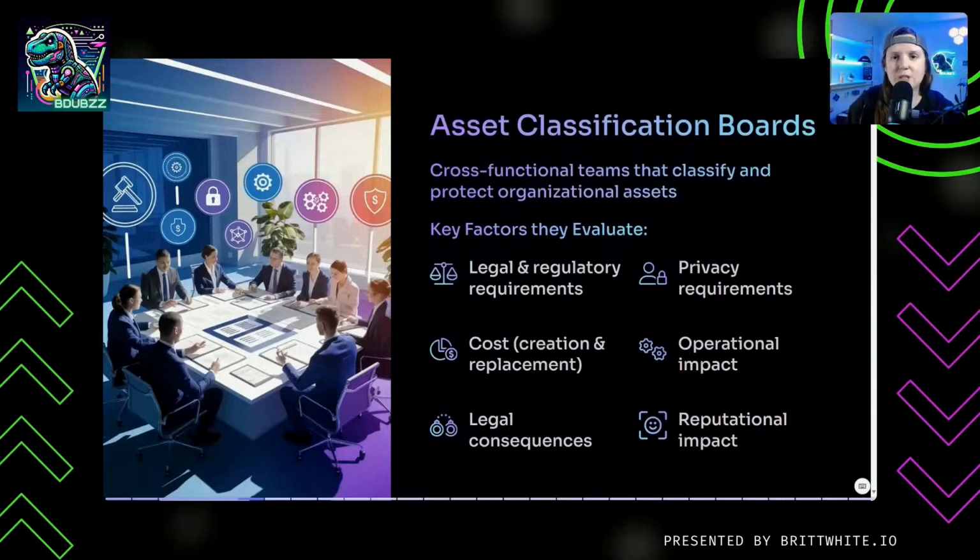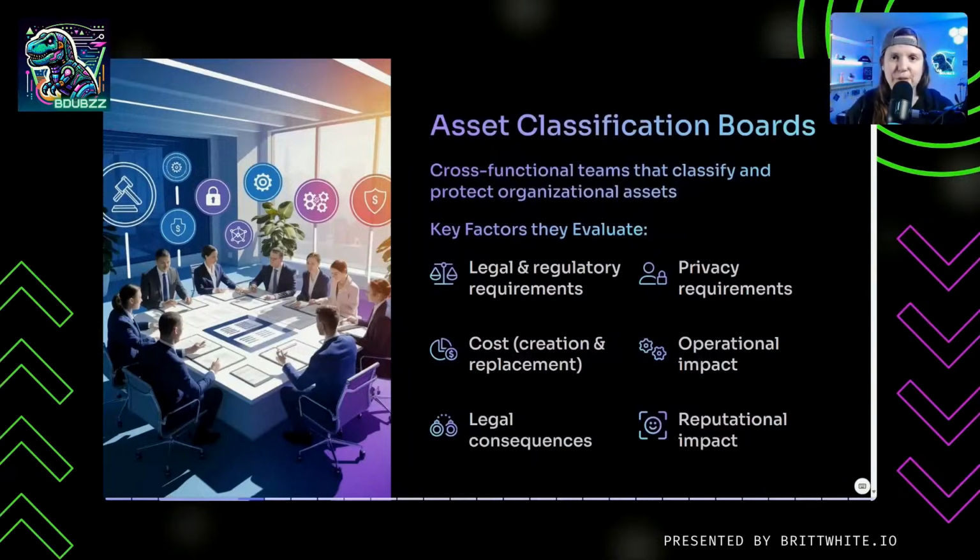When these boards help determine the value of an asset, they look at several key factors. First, they consider any laws and regulations that might apply. We absolutely have to get this right, or we could eventually be fined for not complying with regulations. "I don't know" is not a valid excuse here. They look at privacy requirements.